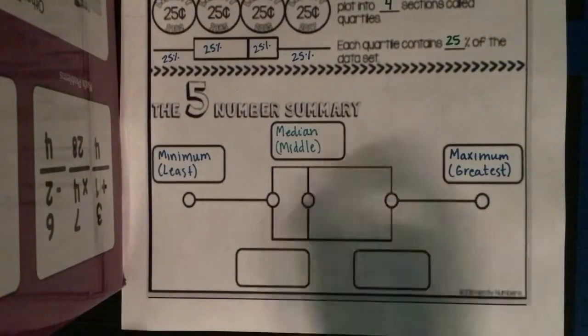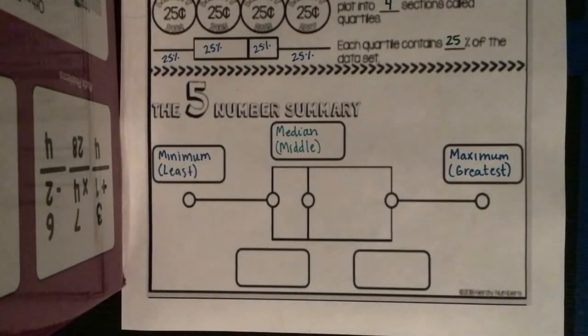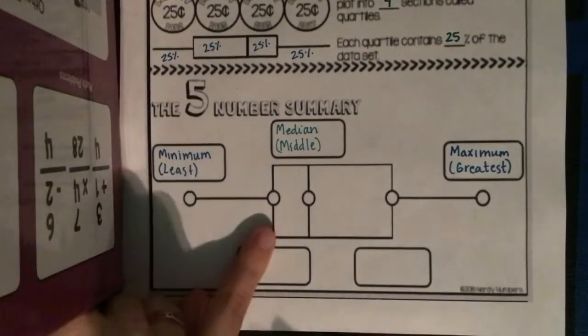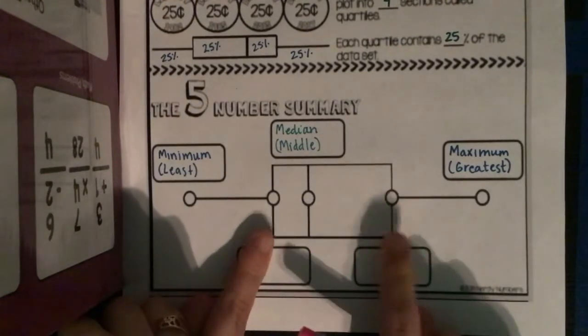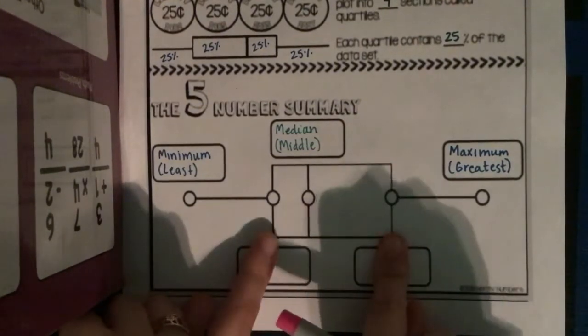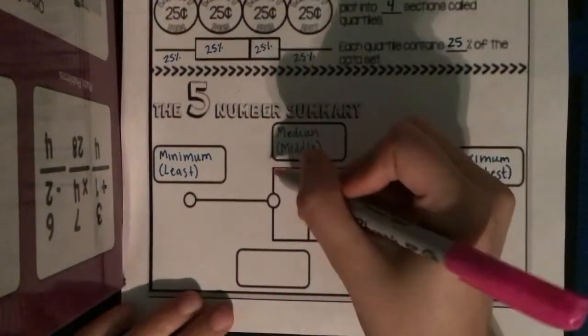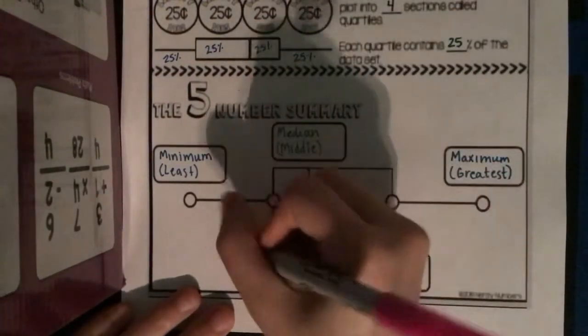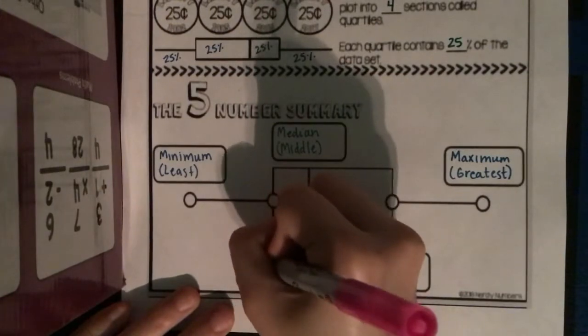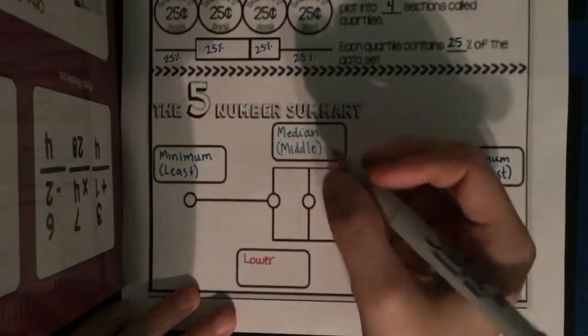Now the other 2 are the tricky ones. We have the left side of our box and the right side of the box. These 2 will be very important to find something else. The left side of our box would be the lower quartile.